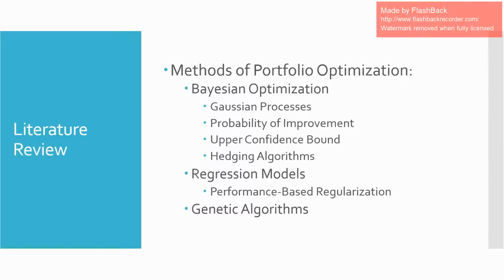And then the third study used a genetic algorithm in an attempt to find an optimal portfolio. So genetic algorithms search a space of solutions in an attempt to find the best combination of items, and this study concluded that the genetic algorithm has outstanding advantages over the conventional portfolio mechanism.